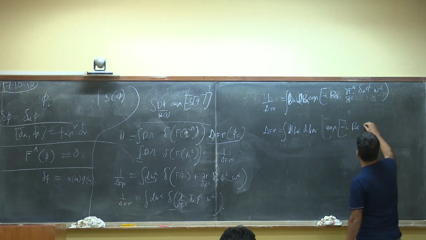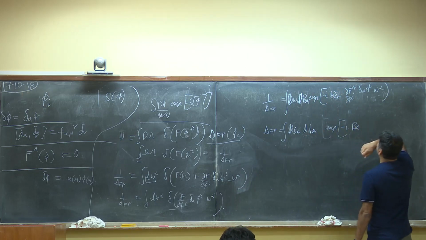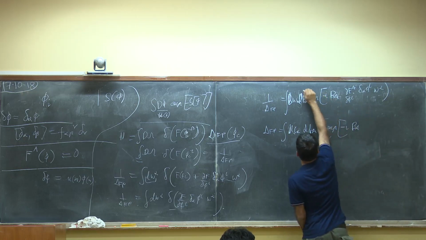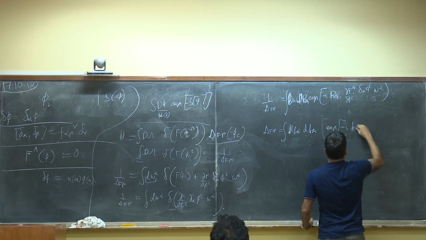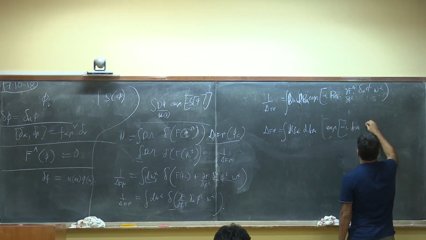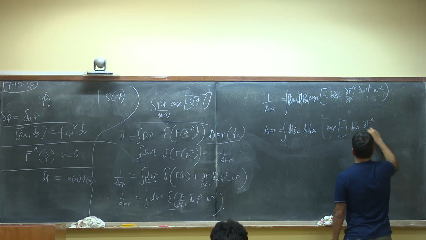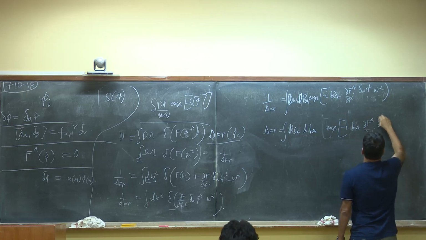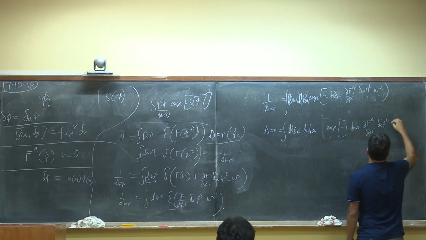So IBA, and now this BA became a little ba, so this is ba times del FA by del phi I delta alpha phi I and C alpha.